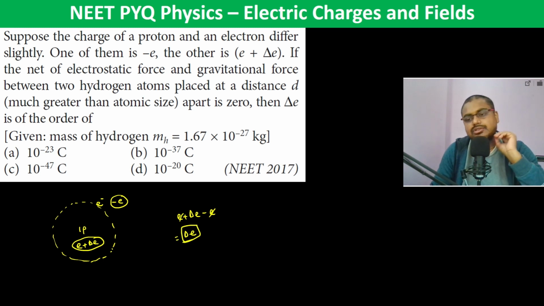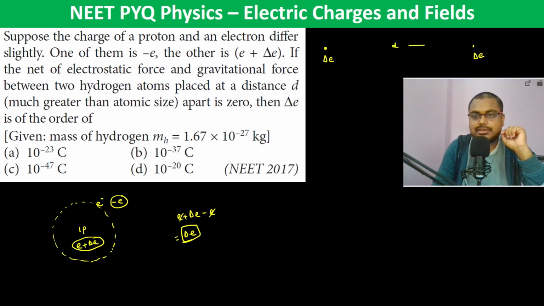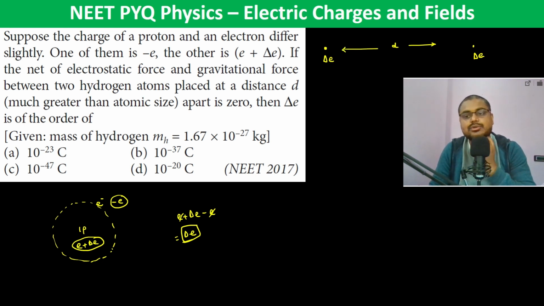Okay, although I have shown the atom to be quite big, the atom is really very small. So now let us do this. There are these two hydrogen atoms, each having delta E net charge, and the distance between them is d. Now the question tells us that the gravitational force and the electrostatic force are both the same.